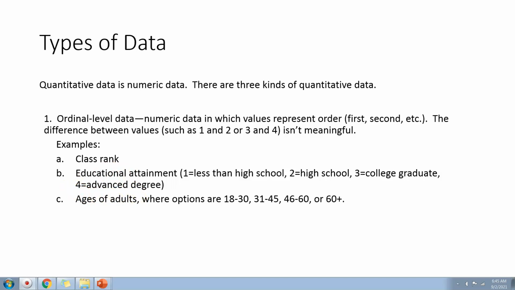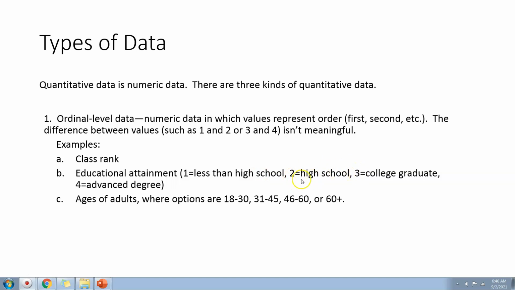But with class rank, you can only have one person who's number 1, one person who's number 2. There are ordinal level values where you can have more than one of each. So something like educational attainment. The difference between somebody with less than high school and high school is not meaningful.